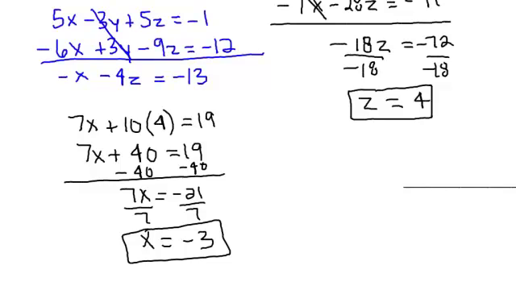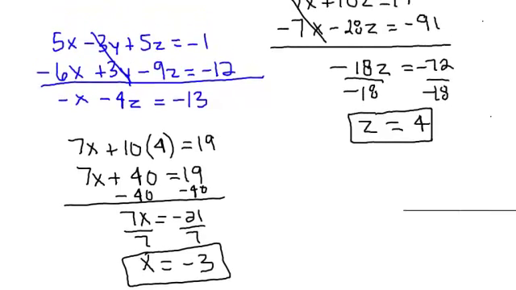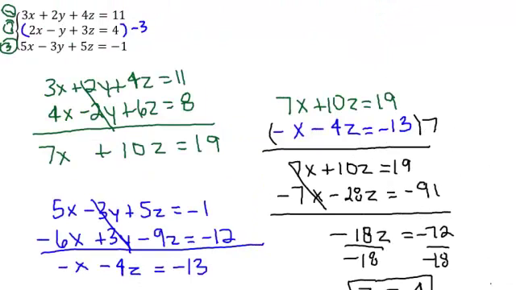Now in order to solve for our y value, we have to go back to one of our original equations. It does not matter which one we plug into, as long as we pick one of our original equations to plug back into. Here I'm going to use our second equation to plug back into. Again, we are solving for y.